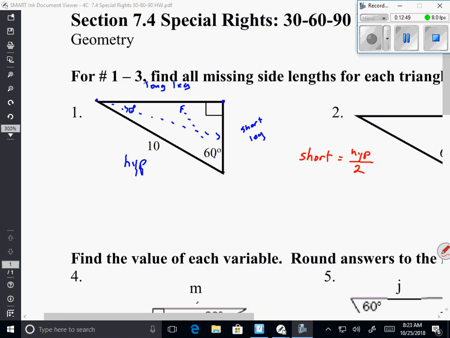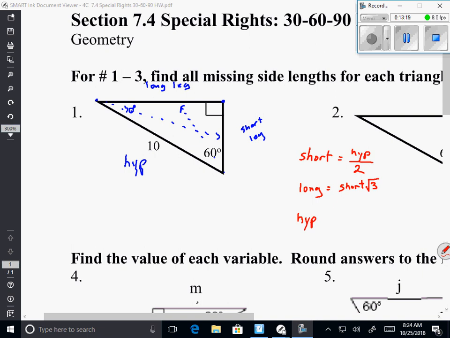They're 1 to 2. Then we have our long leg is equal to the short leg times the square root of 3.